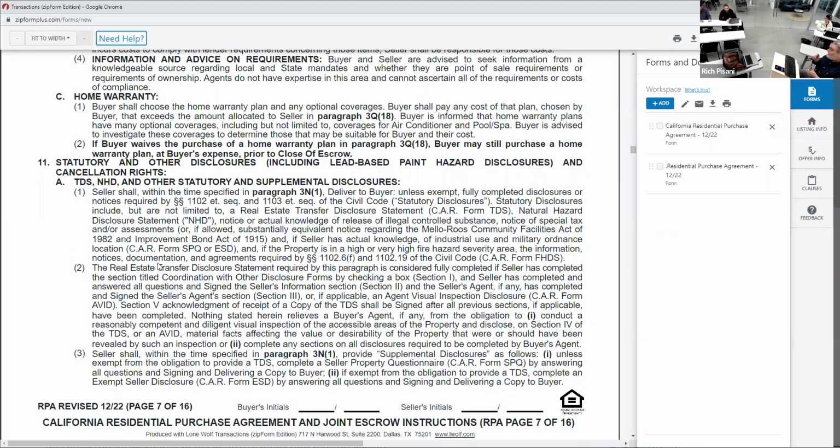Fire hardening and defensible space, if it's in a high or very high fire zone, is a statutory requirement. Those are all statutory requirements, meaning they are required by law and they cannot be waived.